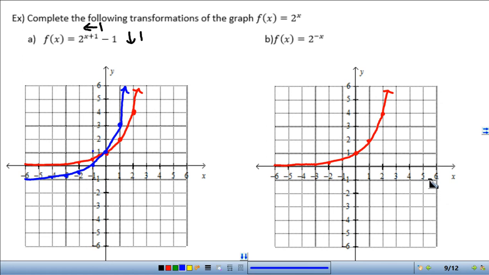So I'll put it in blue. Sorry about that little part right there. Didn't exactly end up looking pretty. There you go. It's a reflection across the y-axis being right here. So what I did is I just took this and I flipped it around the y-axis.